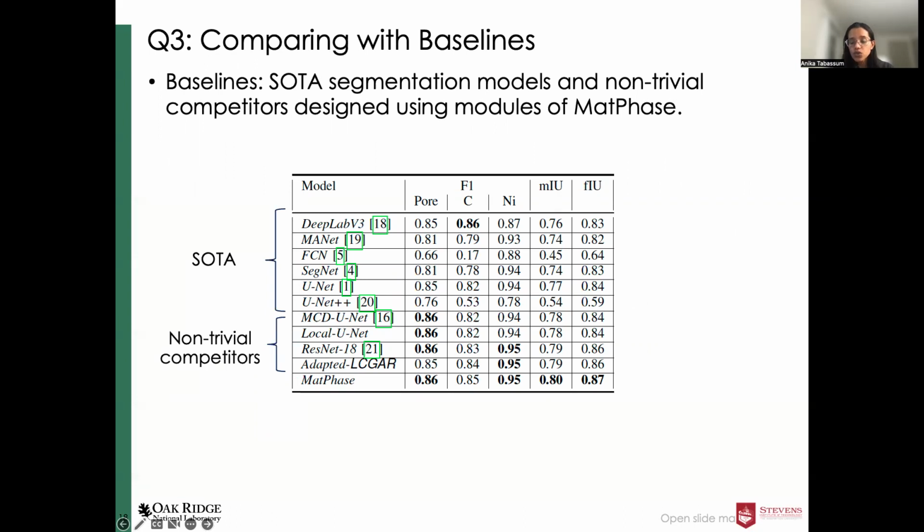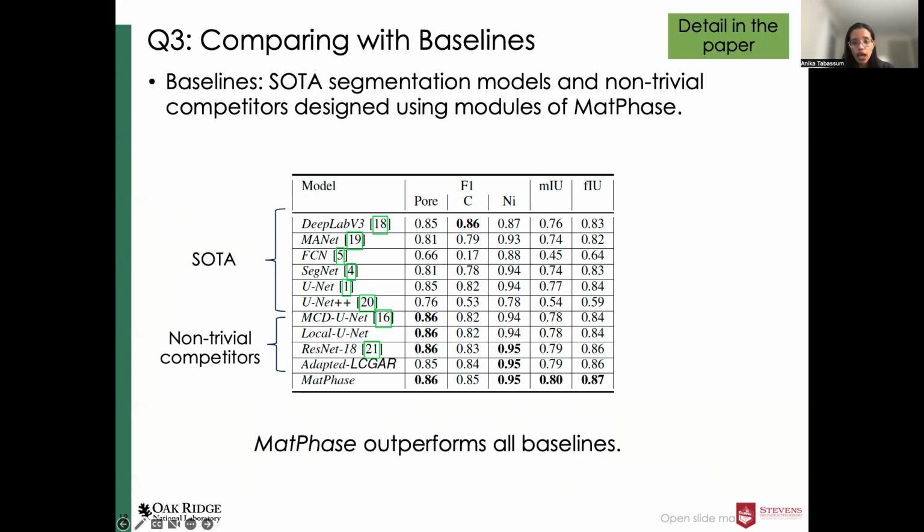And for that, we choose different state-of-the-art image segmentation models, as our framework is already motivated from segmentation. And also, we strategically design some non-trivial models using the different pre-trained modules of MatPhase. And details about the state-of-the-art and these non-trivial model designs, you can find in the paper.